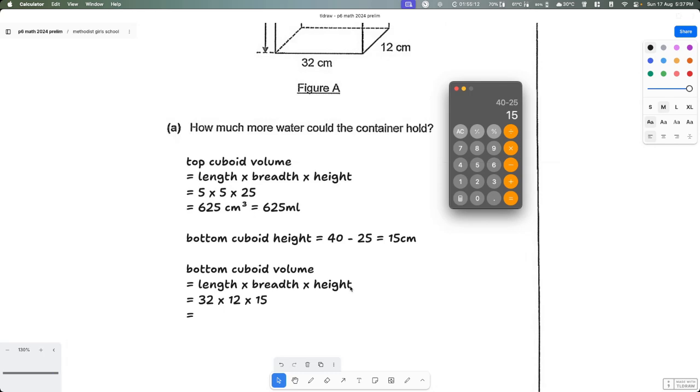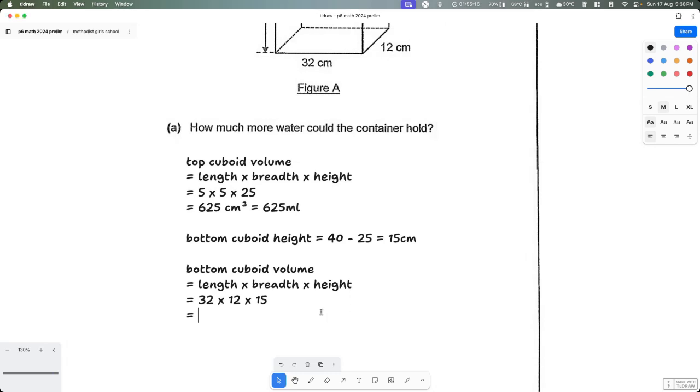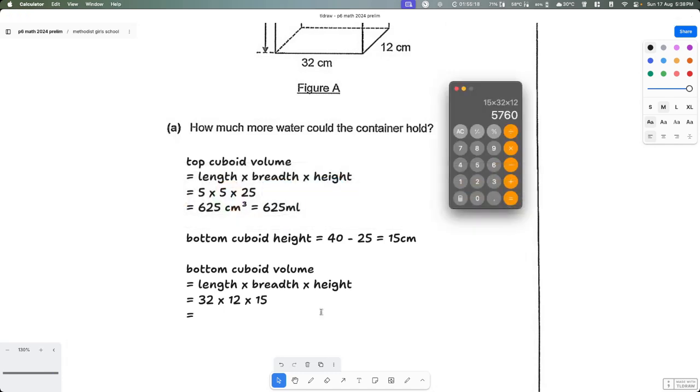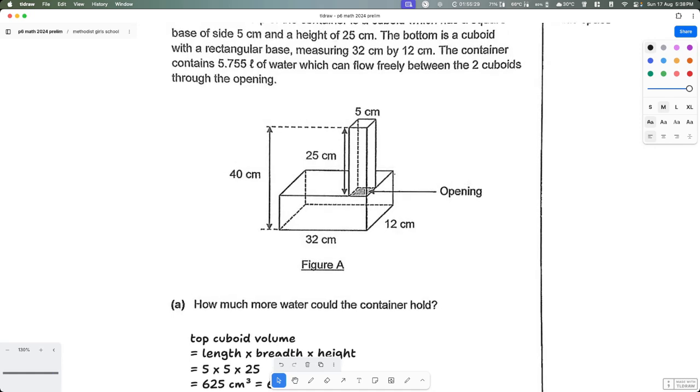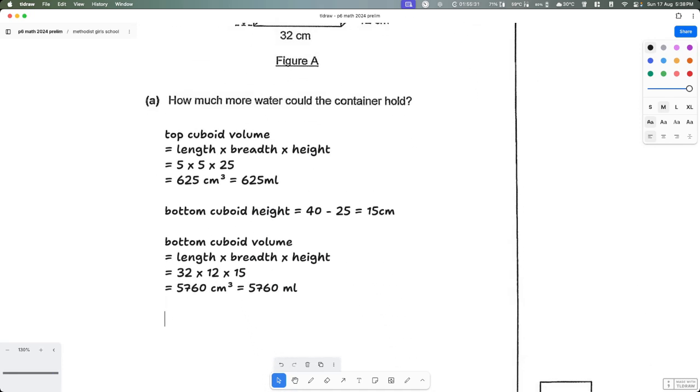Okay, so let's calculate. 32 times 12 times 15 is 5760 cm cube, which is the same as 5760 milliliters.